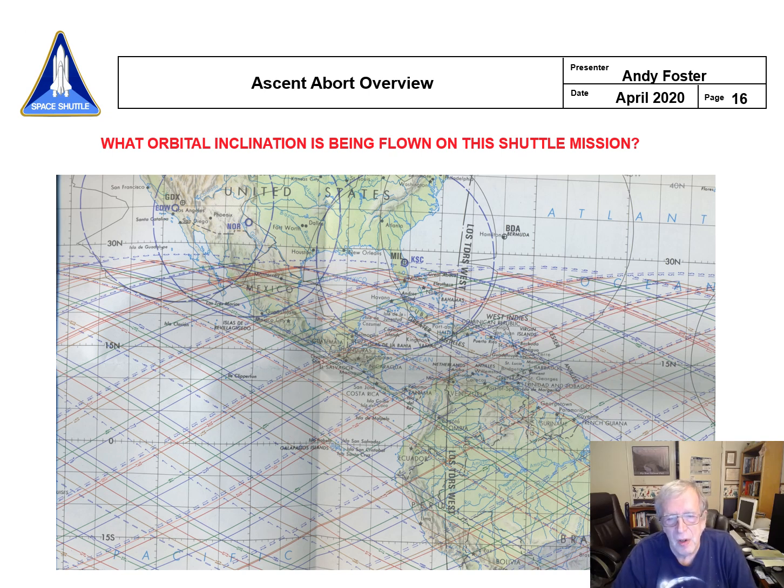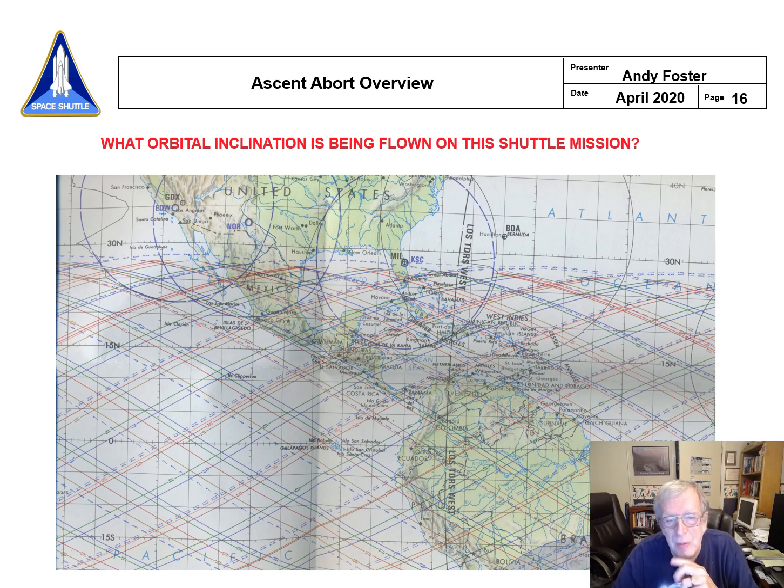Okay, so this is a brain stumper, which really isn't much of a brain stumper. If you look at this chart, tell me what inclination this flight was at. Now remember, well actually I guess I didn't tell you, so I will tell you. If you steer due east, the launch site latitude determines the inclination. So if you look at a map like this one, if I'm flying a 28.5 degree orbit, what I will see is that the orbital tracks will go no further north than 28.5 degrees and no further south than 28.5 degrees.